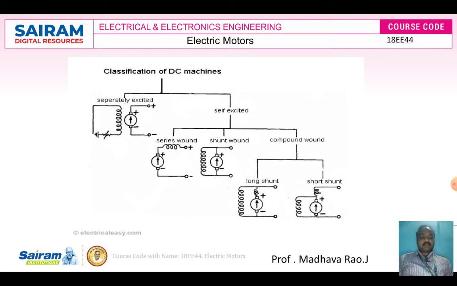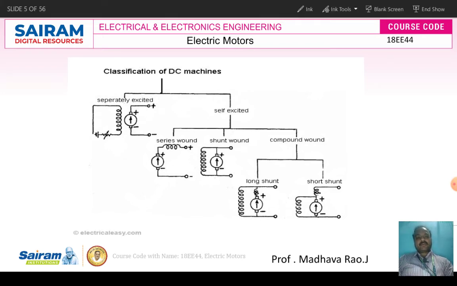Again these self excited DC motors are classified into series wound, shunt wound and compound wound. Coming to the series wound DC motor, the field winding is connected in series with the armature winding.